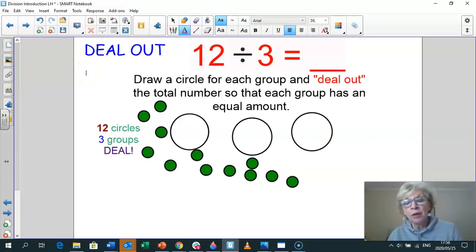Now there are a number of strategies I'm going to show you today. These are not the only ones, but these are the ones that I am going to deal with at the moment, and then you will learn others as you go along. A very important note is that I am using small numbers, grade 3. So don't think, oh my goodness, I can do bigger numbers. Yes, you can.